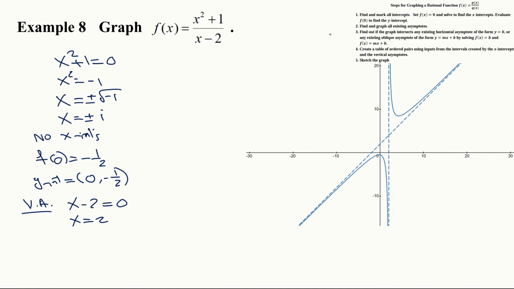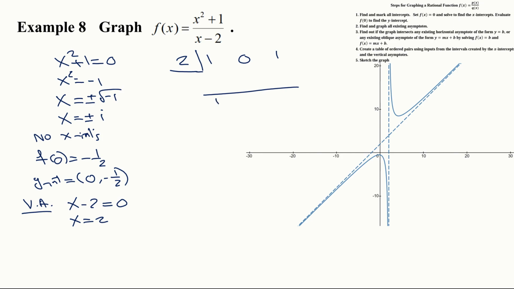So we're going to go ahead and do synthetic division. Because it's x minus 2, we go ahead and put 2 in the box here, and our coefficients, notice there's a missing term, so be careful with that. So it's going to be 1, 0 for the missing term, and then 1, right?